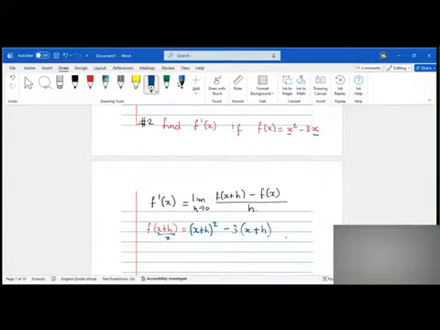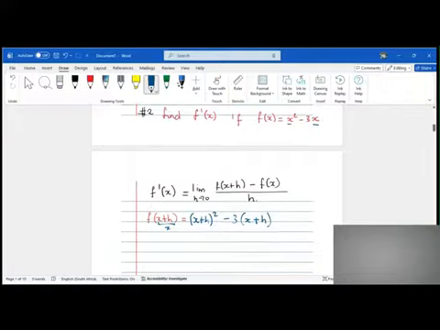Then from there, I'll try to work out these brackets. So we have negative 3 multiplied by positive x, which becomes negative 3x, then negative 3 multiplied by positive h. Then we'll work out the other brackets.